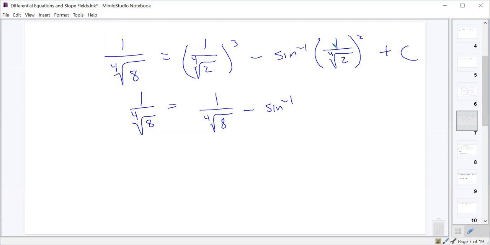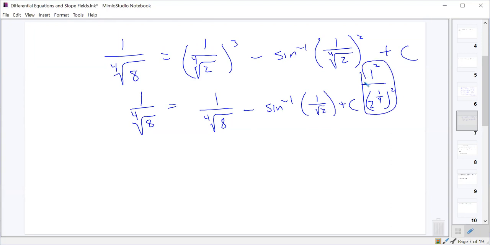So this is 1 squared, and then we have 2 to the 1/4 in the denominator. And we need to square both of those. And so squaring this exponent, if we have something to a power to another power, we can multiply those powers together. True? Okay. So that's going to give us 2 to the 1/2, or just the square root of 2. 1 over root 2 plus our constant.